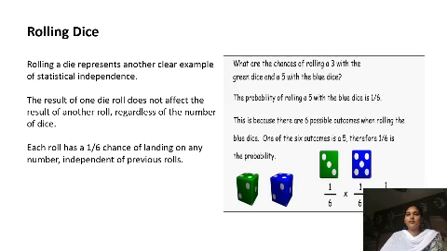What are the chances of rolling a 3 with the green die and a 5 with the blue die? The probability of rolling a 5 with the blue die is 1 by 6, because there are 6 possible outcomes and one of them is a 5. Therefore 1 by 6 into 1 by 6 is equal to 1 by 36.